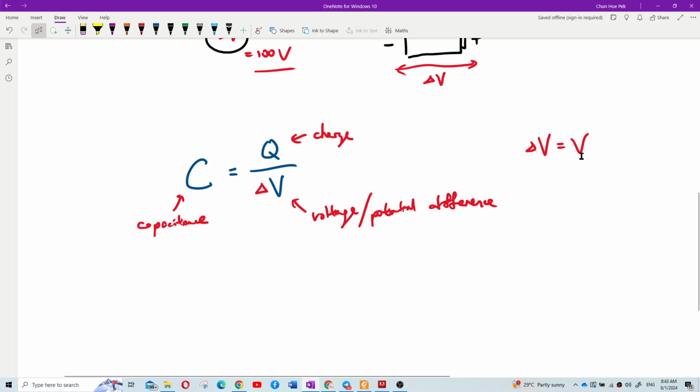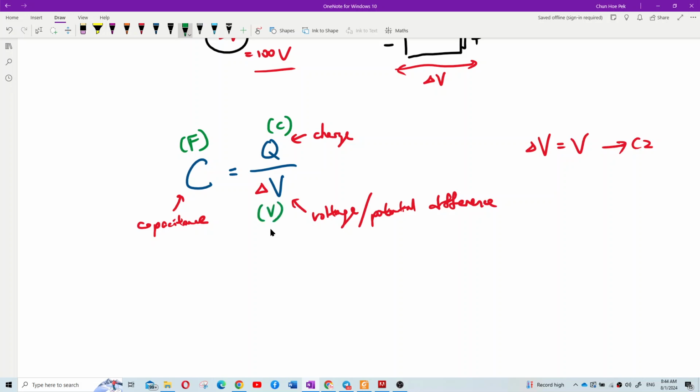Starting from chapter 2, we simplify the writing, so we consider delta V as V, so that we don't need to always write the delta. The unit of capacitance is farad, charge is coulomb, and delta V is volt.